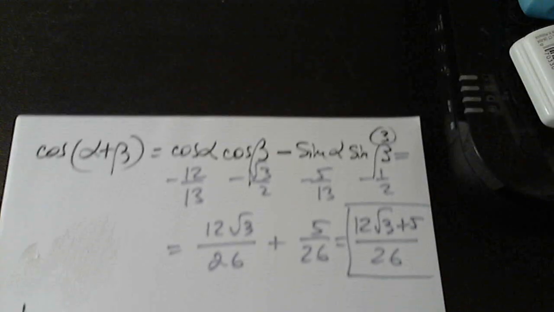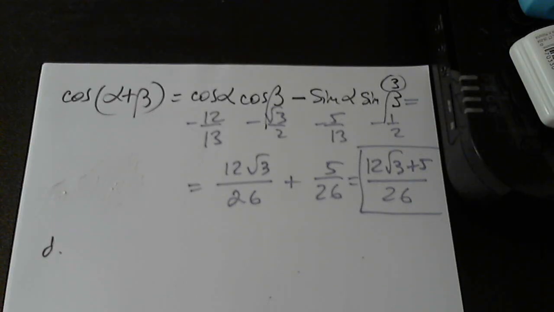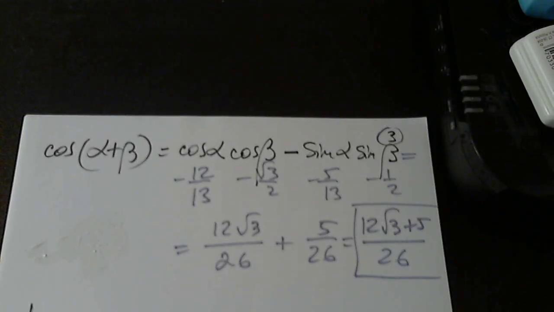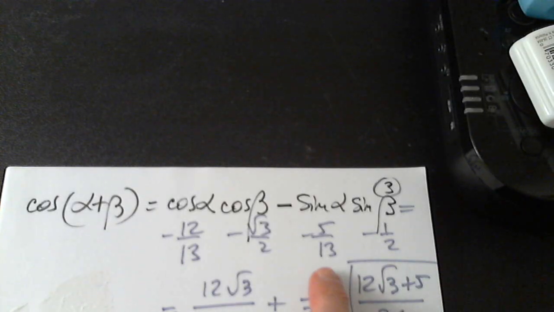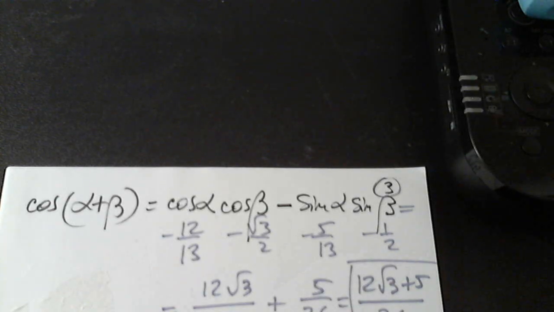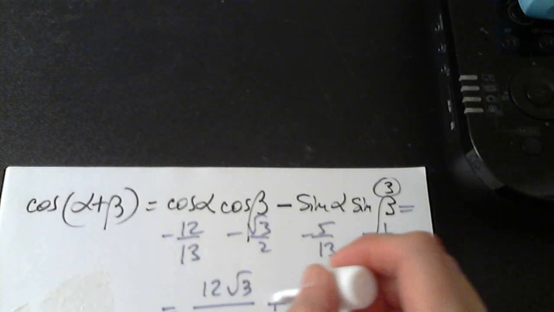Any questions? I have a question. I might be incorrect, but I may be... Who knows? 5 over 13. That's supposed to be negative. But what about the negative sign that separates the... Yes, absolutely. That's what I said. I may be wrong. Maybe you see something and I don't.